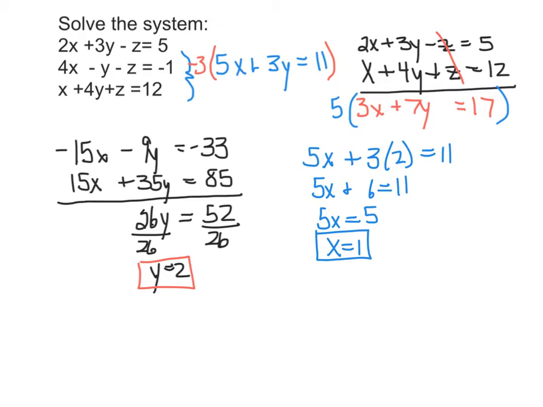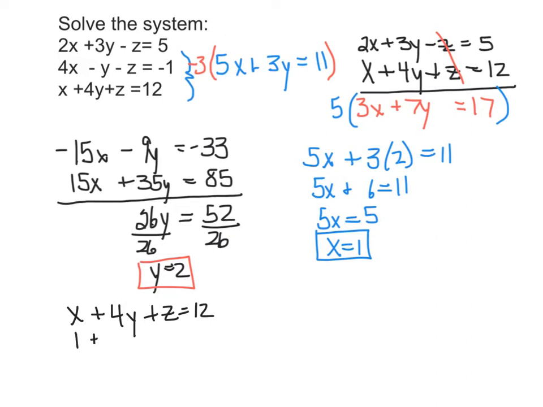To find the z for this system, I just go back to one of the original equations and substitute the x and the y that I've just found. I think I'll use the third equation, but any of the three would give me the same exact solution. So in the third equation, x plus 4y plus z is equal to 12. I'm going to replace the x with a 1.